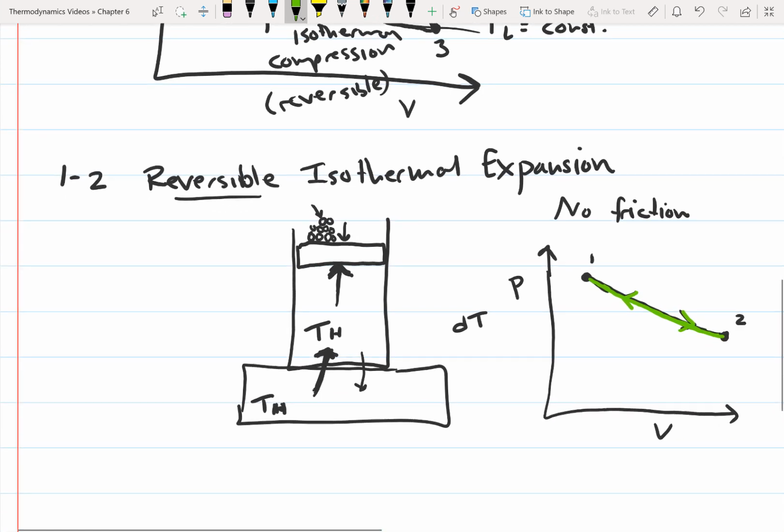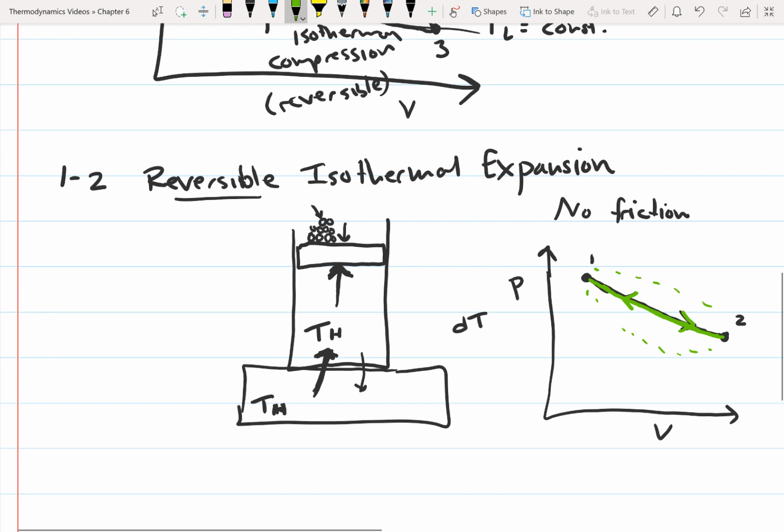And so if we expanded the gas quickly, we don't actually know what the path is that this follows. Who knows what the path is if the expansion happens really quickly.